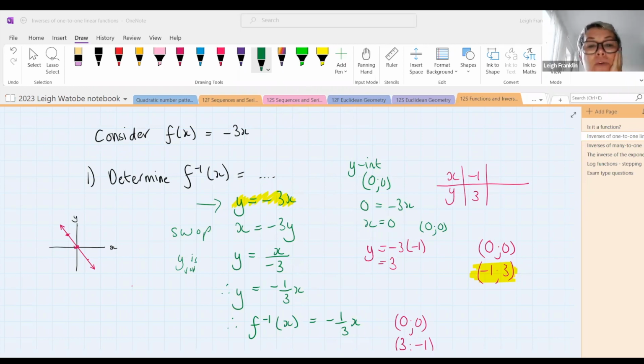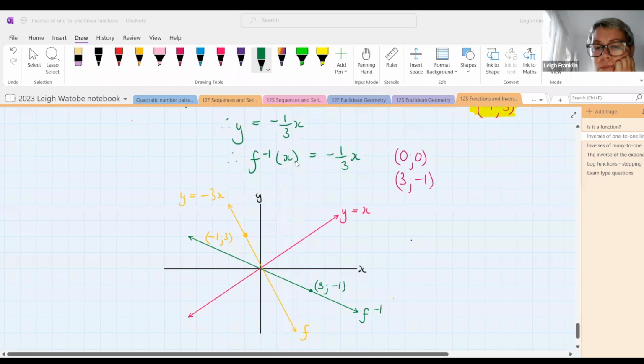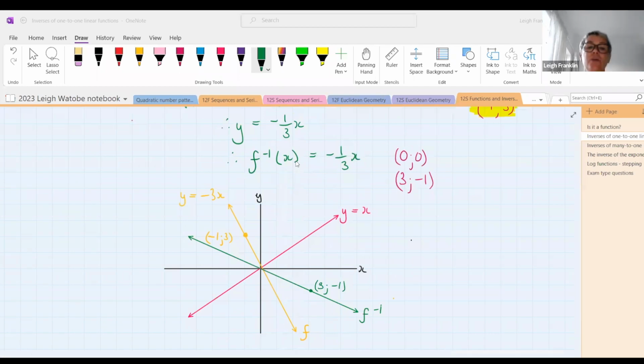Okay, Lanky, you said, can't the line y equals x change to cut the graphs in reflection? What do you mean change? Ma'am, I mean, can that line be between the inverse and the original graph? Yes, absolutely. And it would be if the inverse and the original graph had positive gradients.